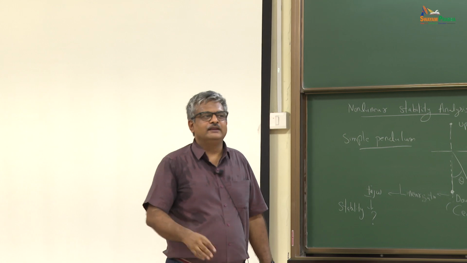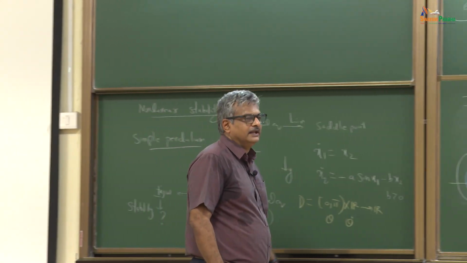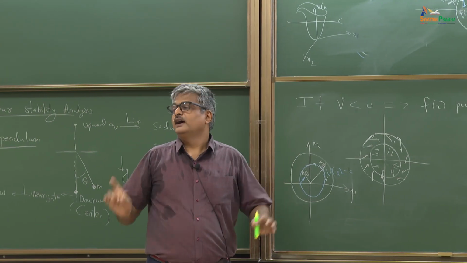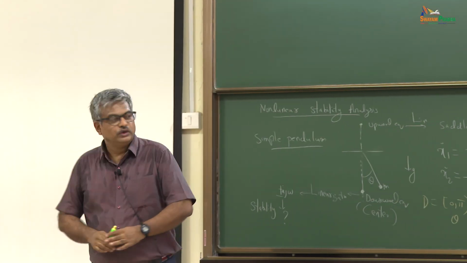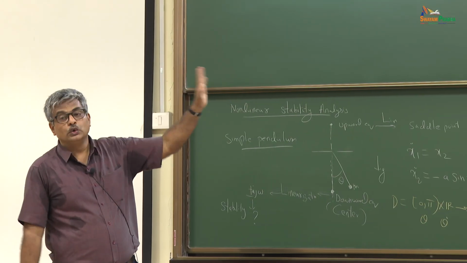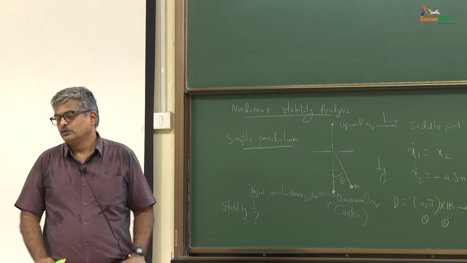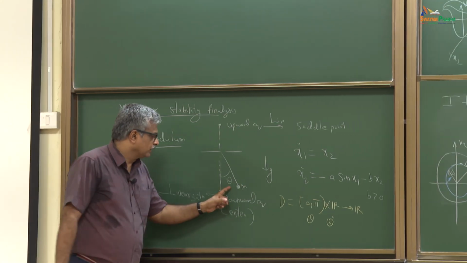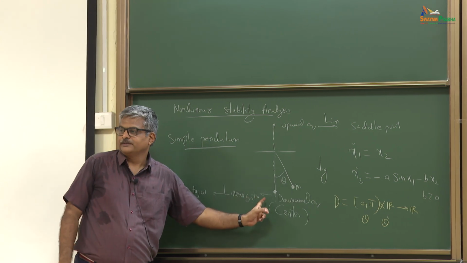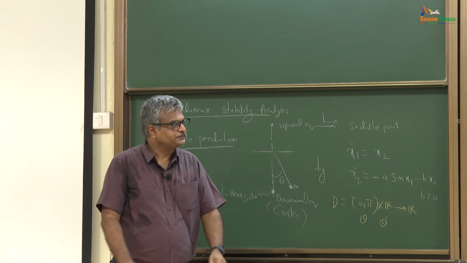So necessarily for global asymptotic stability, it should have a unique isolated equilibrium point. If there are multiple equilibrium points, the only notion of stability applicable is local asymptotic stability. You cannot apply global asymptotic stability. So for the pendulum, I can only talk about local asymptotic stability, right?